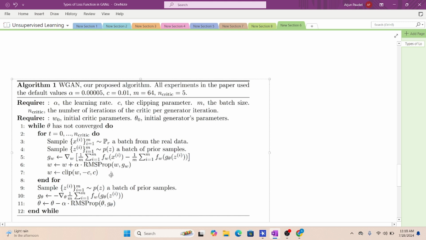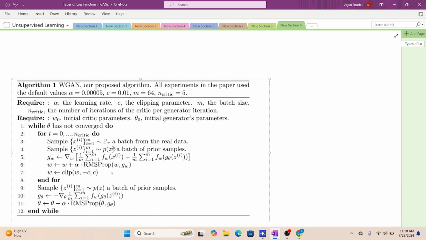Inside this, we run a while loop: while theta, the generator weights, has not converged, we do the following. For t from 0 to 5, we sample real data from the training dataset, and sample the prior latent from the noise distribution, a simple latent like a Gaussian or any prior.